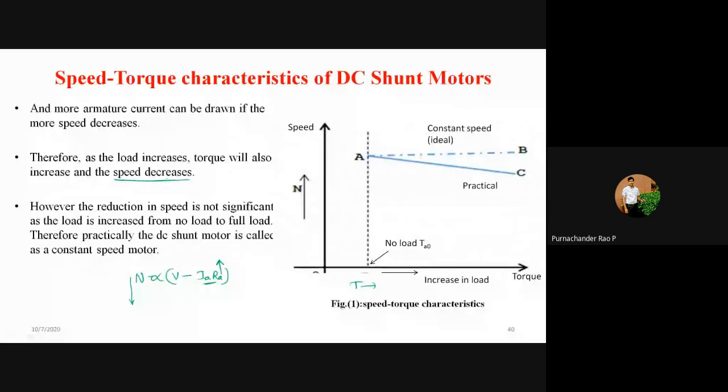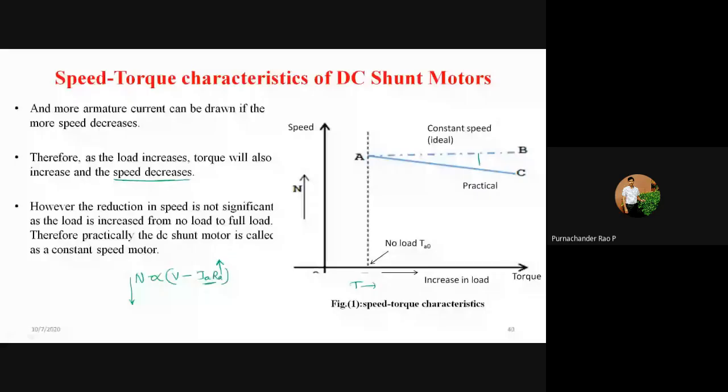The drop in speed is not significant because the armature resistance is very small, and that's why these motors are called constant speed motors.